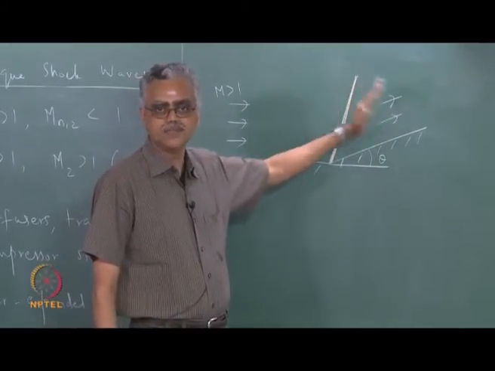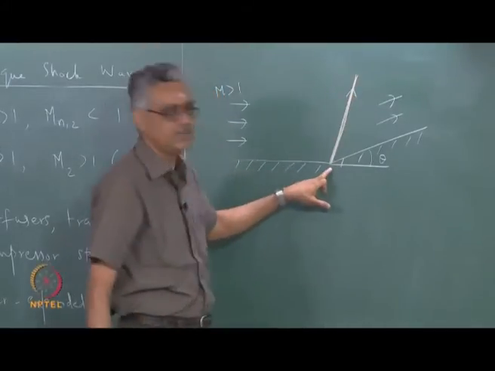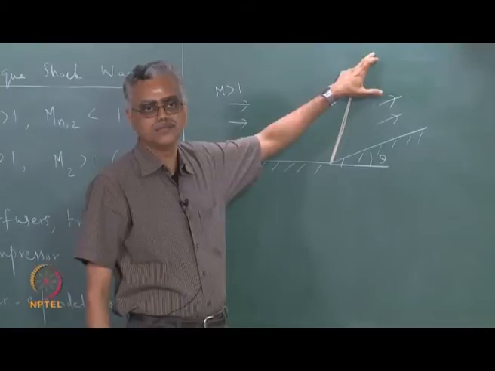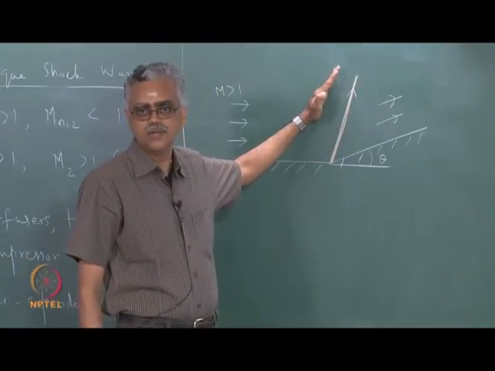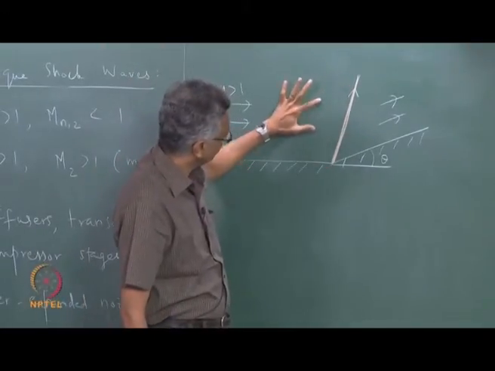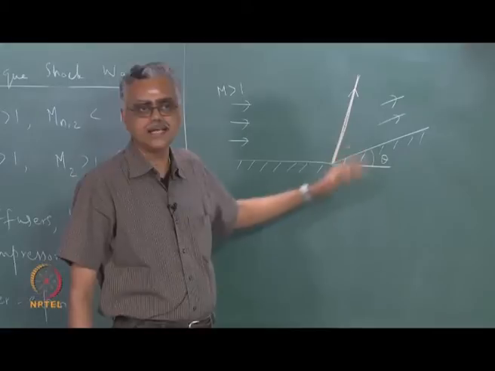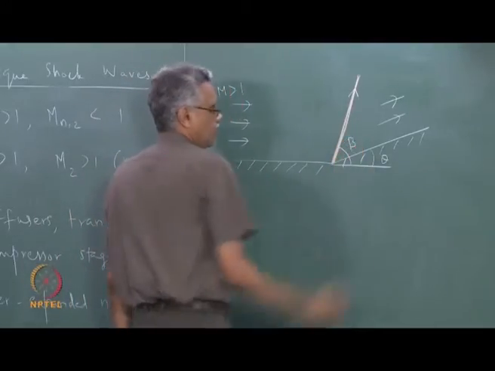You can see that it is deflected towards the wave through an angle theta. Remember, the wave direction itself is like this. So a wave is generated from the corner, it goes like this, right? The flow is deflected towards the wave, so that means that this is an oblique shock wave. So this is how we trigger an oblique shock wave of a certain strength and angle. This is the deflection angle, and this angle is the wave angle beta.